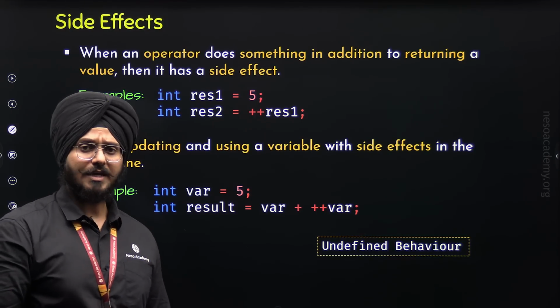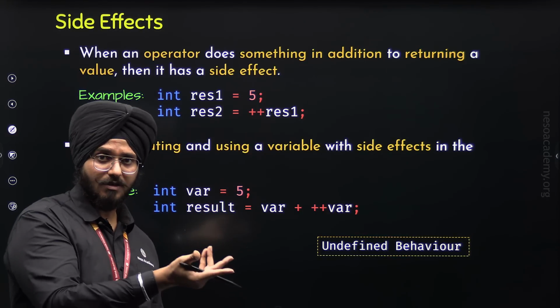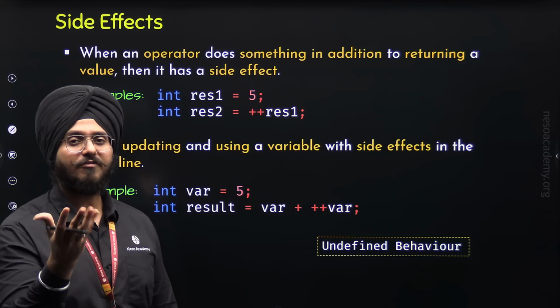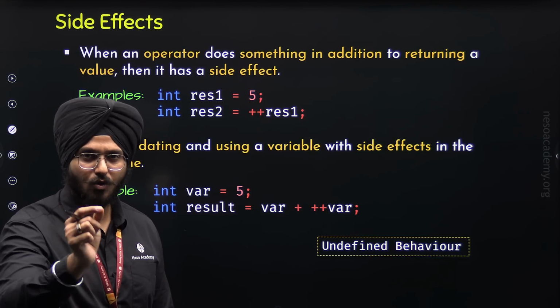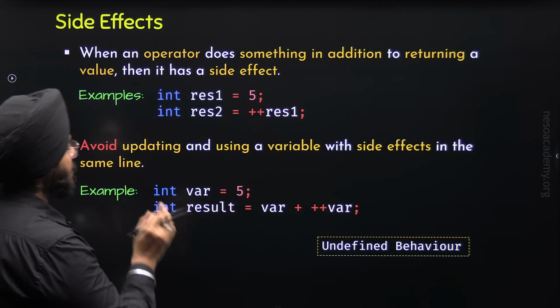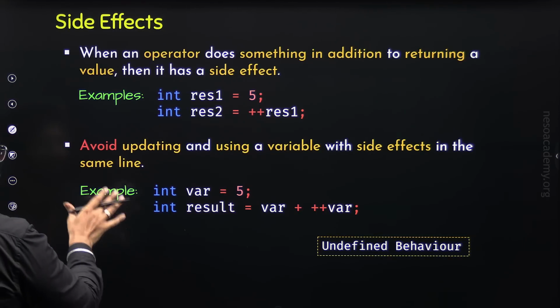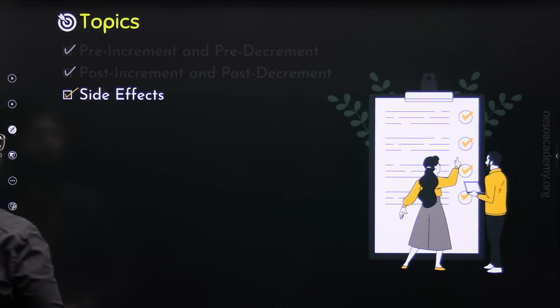It is possible that in your machine you will get the result as 11, maybe in some other machine you will get the result as 12. So the result is not fixed. That's why I'm saying try to avoid this at all costs. So with this, we have understood the concept of side effects and what we need to follow as the best practice. So with this, we are done with the third topic.